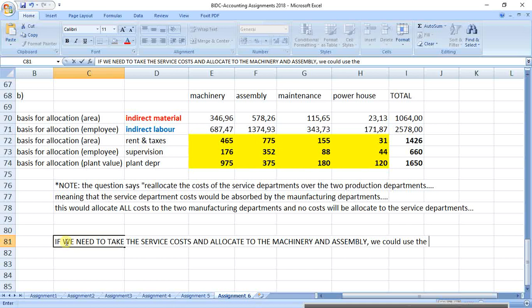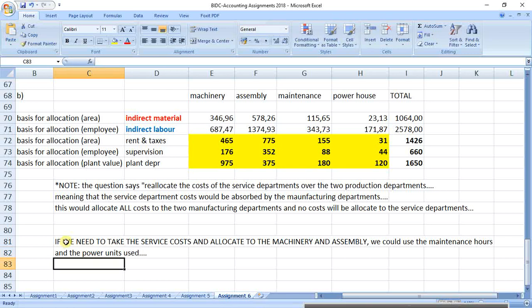Let's just write that down. Maintenance hours and the power units used. So that's what I'm doing here in terms of the powerhouse and the maintenance.